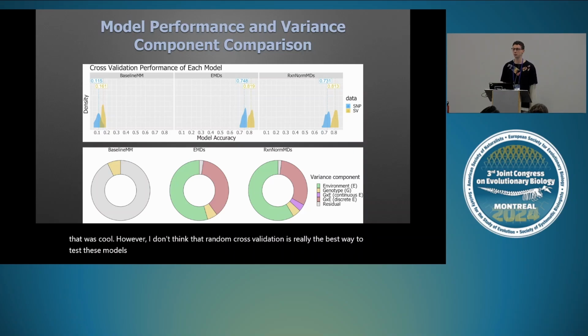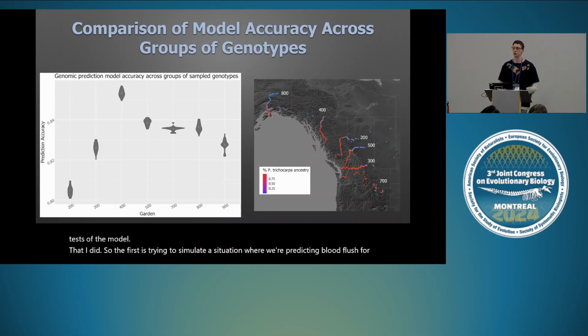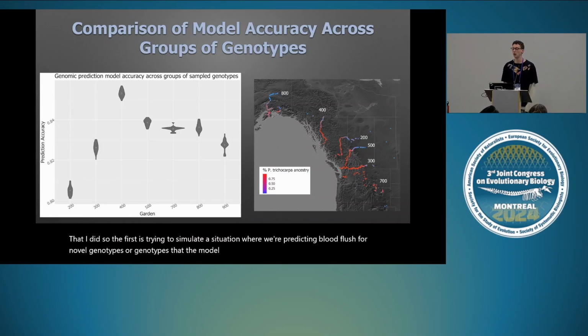So in the next few slides, I'm going to talk about some of the more robust tests of the model that I did. The first is trying to simulate a situation where we're predicting bud flush for novel genotypes, or genotypes that the model hasn't seen before. Remember, my data all comes from 6 distinct transects, and I'm showing you the 3-number code that we've named these transects with.